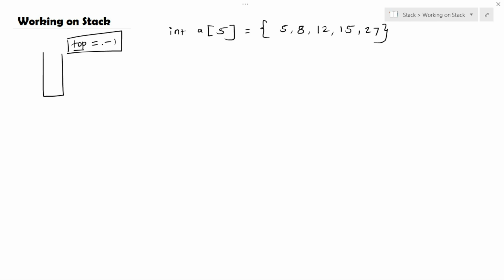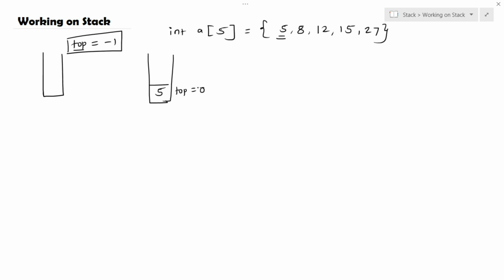When the value of top is equal to -1, then we can consider that the stack is empty. Now first we have to insert the element 5. So here we insert the element 5, and now the value of top is -1, so we increment it by 1. So now the value of top is equal to 0.